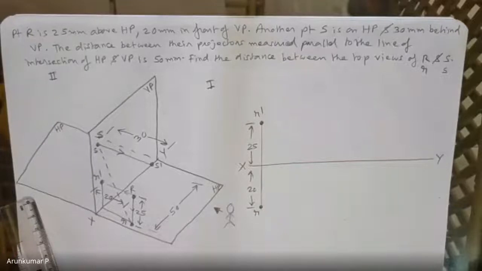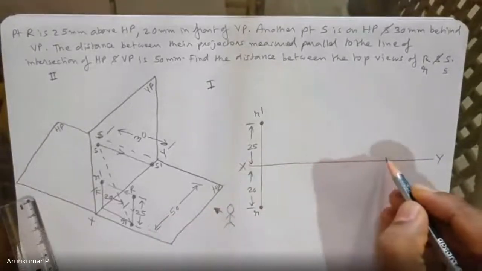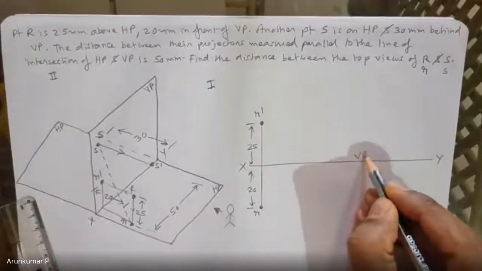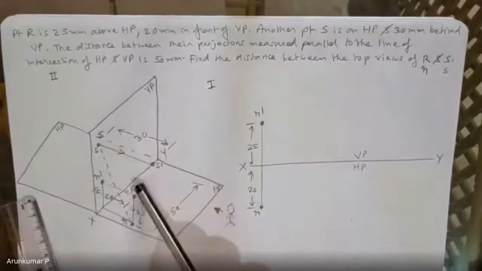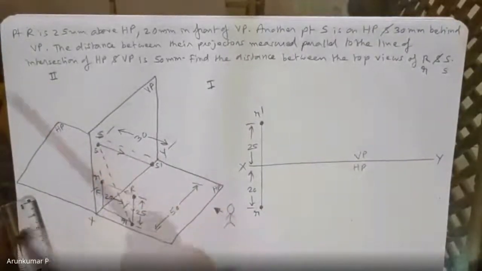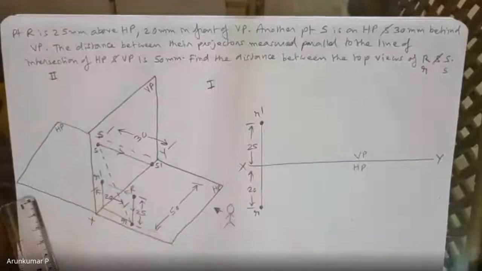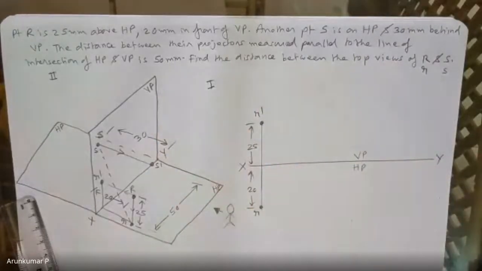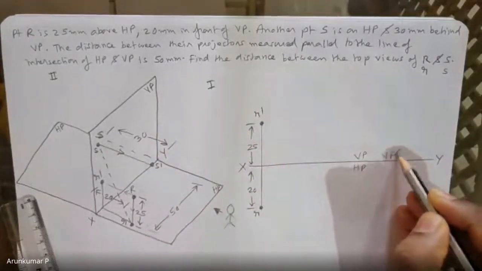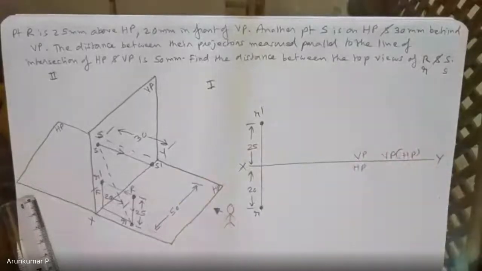Now you might be wondering why I have not written VP and HP. Actually, I should have written VP is above, HP is below, but I have not. You know why? Because I am dealing with 2 points. One point is in the first quadrant, the other point is in the second quadrant. So what should I write here? I cannot write VP HP, then it will look like everything is in the first quadrant. If I write VP with HP in brackets, it will look like everything is in the second quadrant.